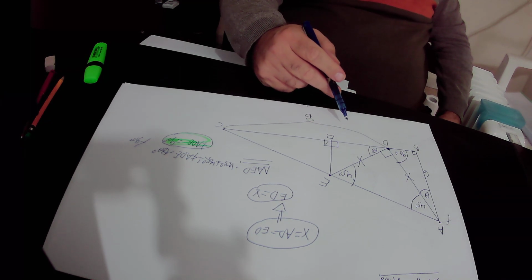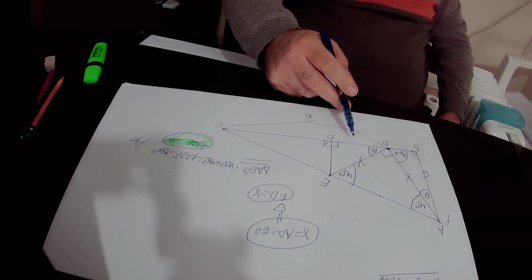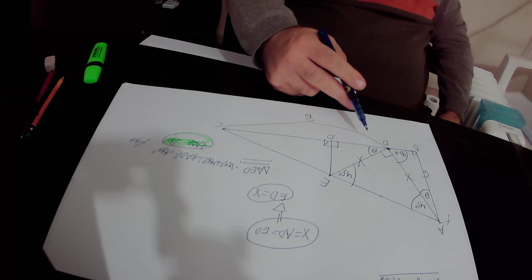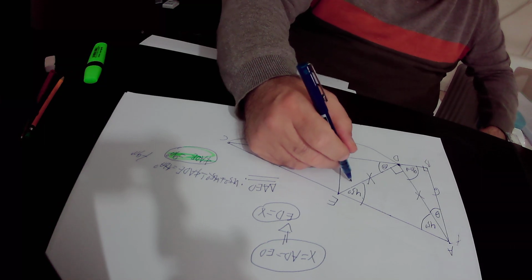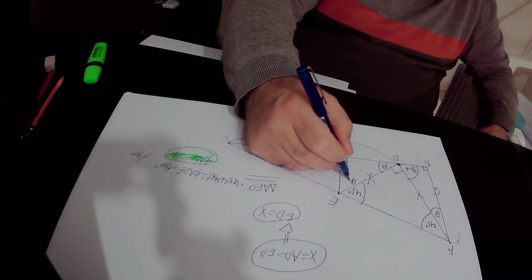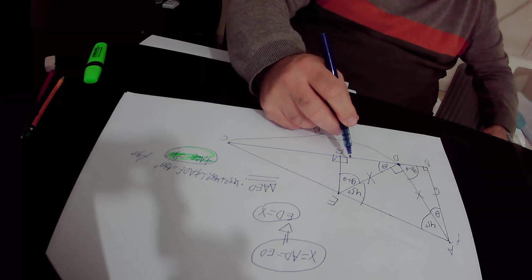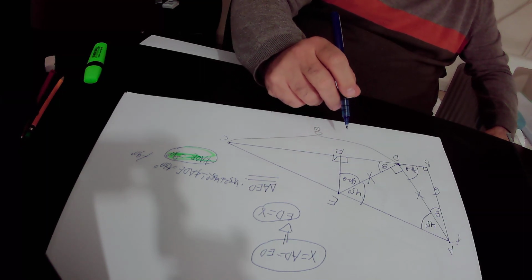And because angle EDF is equal to theta, then this angle must be equal to 90 degrees minus theta in order to complete the sum of the angles in this right triangle to 180 degrees. Okay?